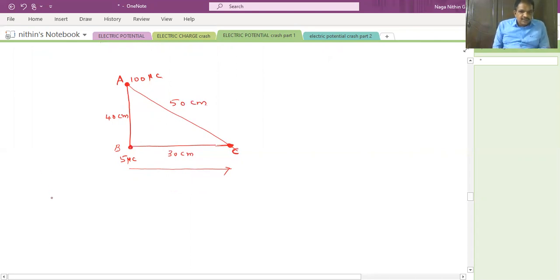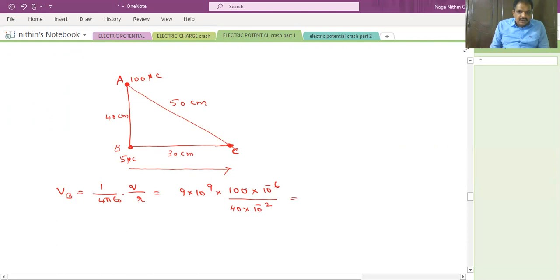Okay. So potential at B, Vb is 1 by 4 pi epsilon naught Q by R, the basic formula, 9 into 10 power 9, 100 microcoulombs, distance is 40 centimeter.